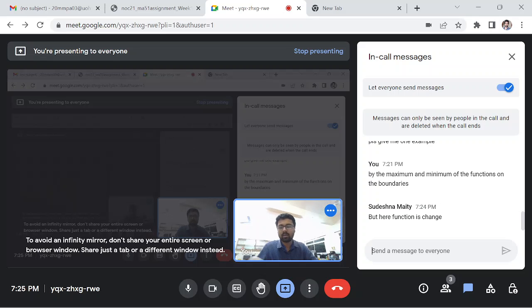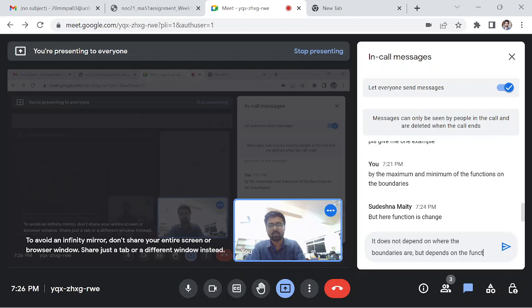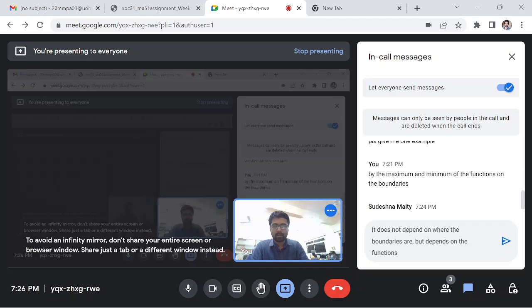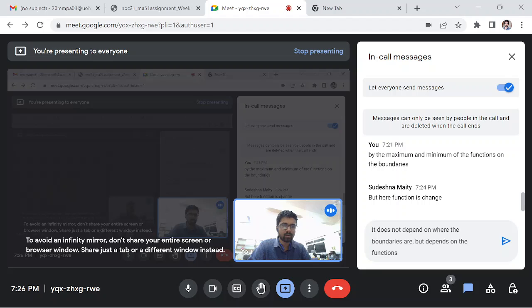Just check it. Let me write in the chat box: it does not depend on where the boundaries are, but depends on the functions that are defined on the boundaries.